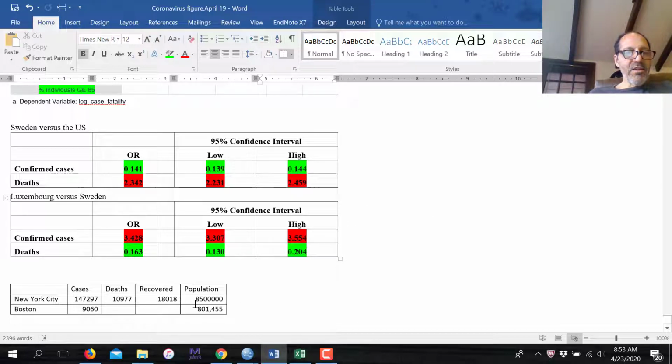And the last thing, I was trying to do this for somebody who had asked me about Boston, but I'm not getting really good data yet today in terms of deaths and recovered. I have New York City. There's 147,000 cases. That's a lot of cases, and their population is 8.5 million. I'm not making these calculations because I wanted to make a comparison, and I need Boston numbers.